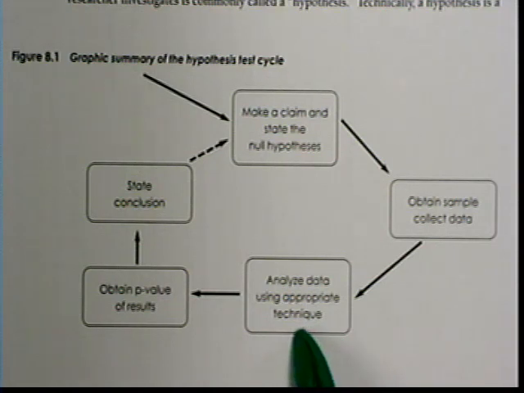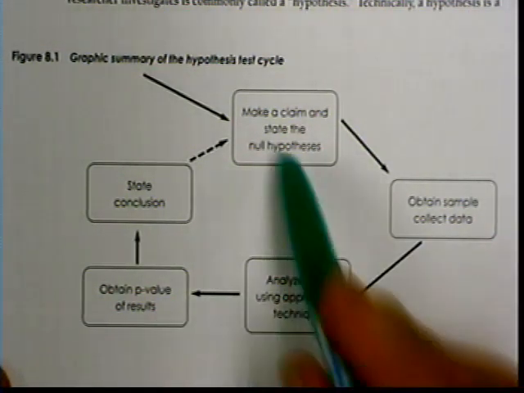Then you use the appropriate statistical technique to analyze that. If you don't use the appropriate statistical technique, you may not find the results that the data wants to show you that it's there. If you do a t-test instead of doing an analysis of variance, there's a lot of problems that can go wrong there.